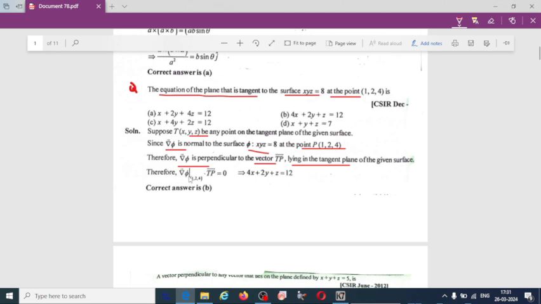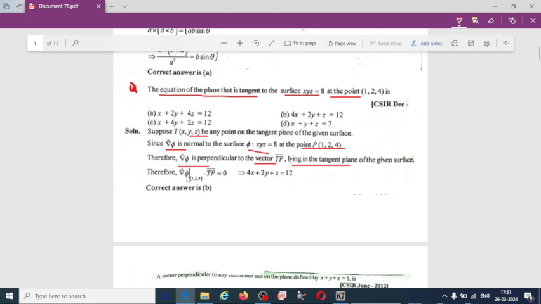Then what you have to do here? Take the dot product of gradient phi at the point (1, 2, 4) and the perpendicular vector. That must be equal to 0, because the plane is tangent to the surface.